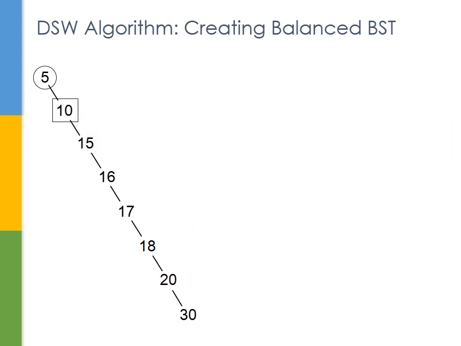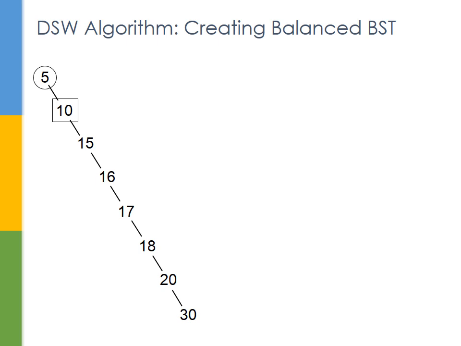Now let's look at how these left rotations will actually affect the tree, assuming the calculations that we performed on the previous slide. So we are going to assume that we have the backbone that we constructed previously by means of a series of right rotations, and then we saw that we need to initially perform a single left rotation, and that is to deal with the single overflow node within the tree.